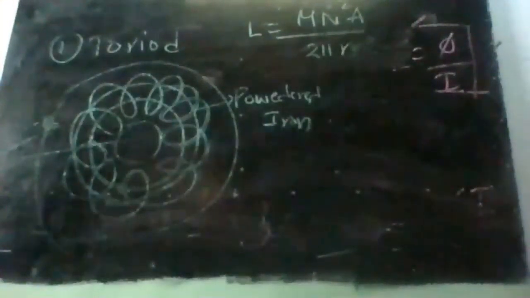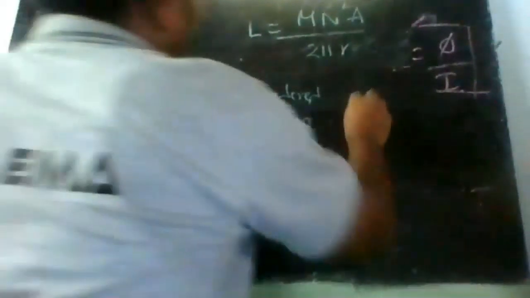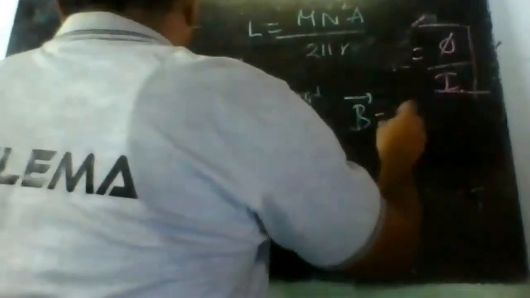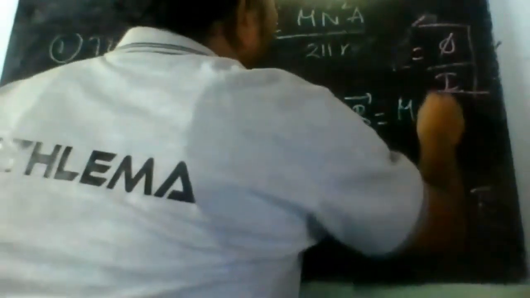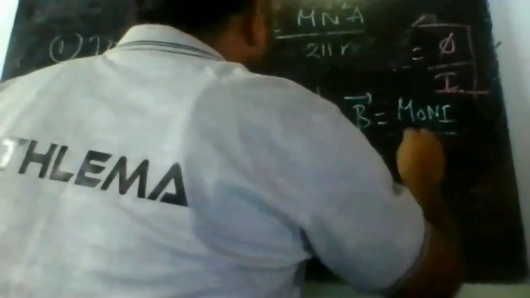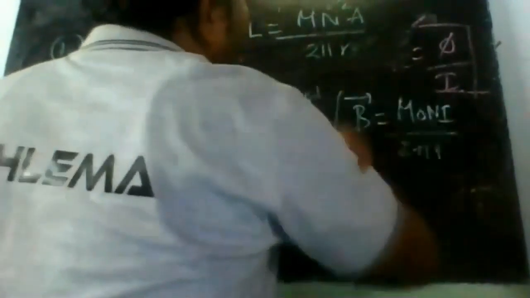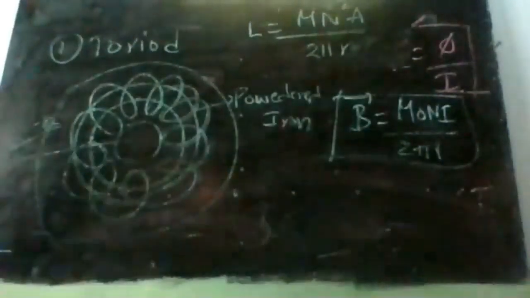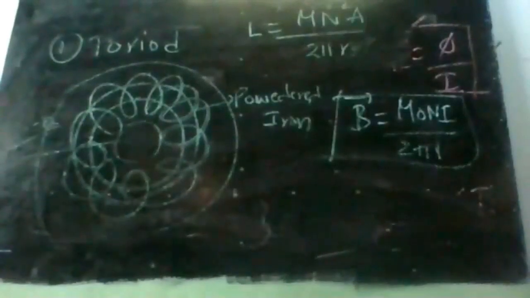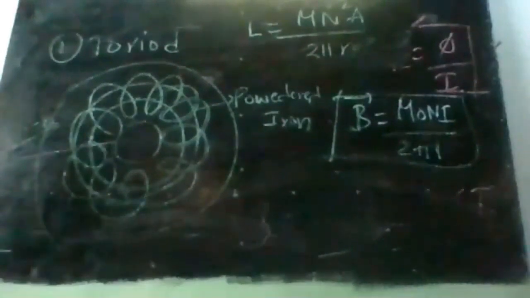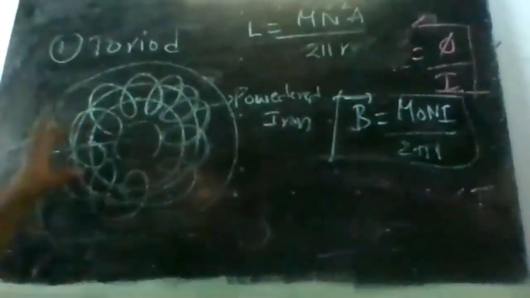The magnetic field intensity produced by a toroid is generally given by B is equal to mu naught N I divided by 2 pi r. So this is the first type of conductor that we use for production of magnetic field. Toroid means a circular ring, hollow inside, like a solenoid.